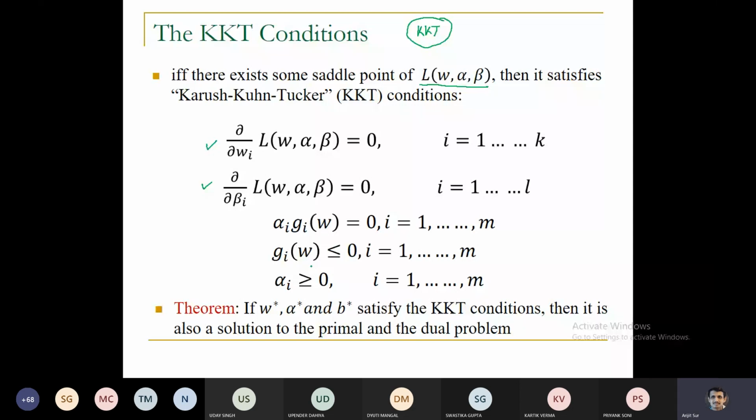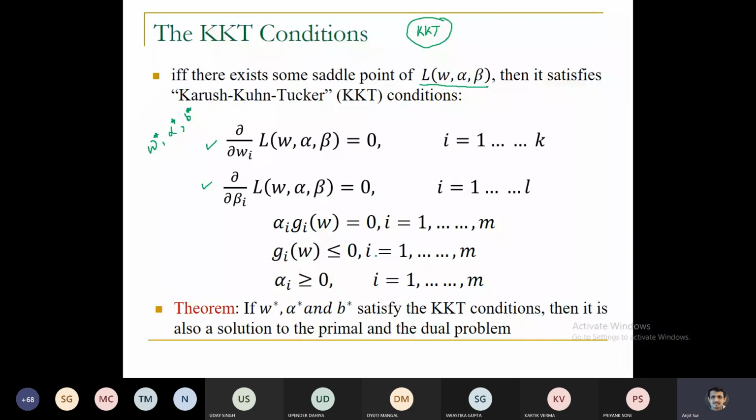If w star, alpha star, and beta star satisfy the KKT condition, then it is also a solution to the primal and the dual problem. So for this w, alpha and beta, if they satisfy these KKT conditions, then the primal problem and the dual problem will be solved.